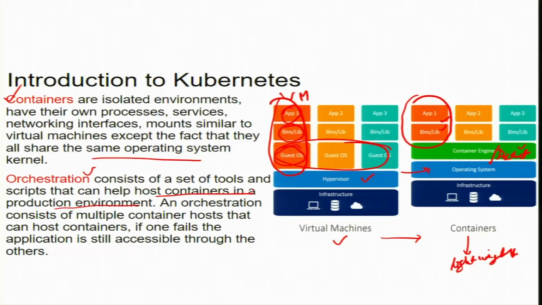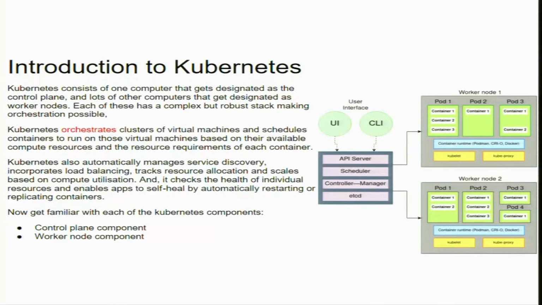An orchestration consists of multiple container hosts that host containers, and if some containers fail, the application is still accessible through the others. That is the functionality of orchestration, and Kubernetes is one of the orchestrator tools, an open source tool developed by Google, that we will discuss at a later point in these slides.